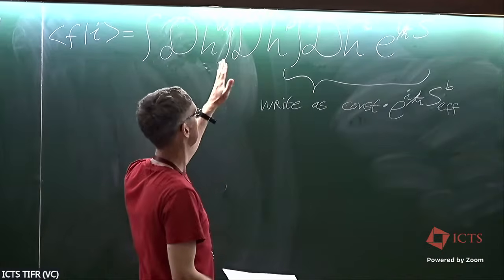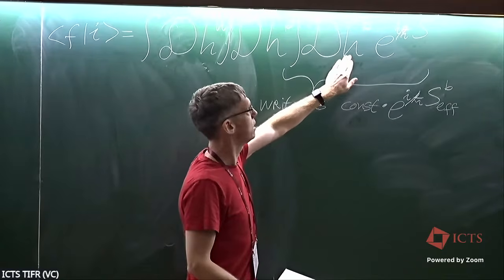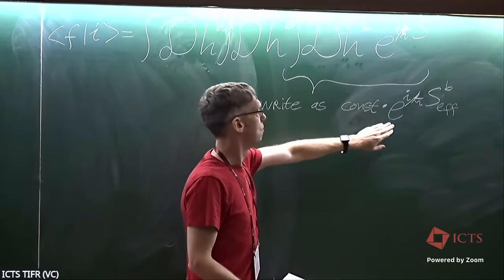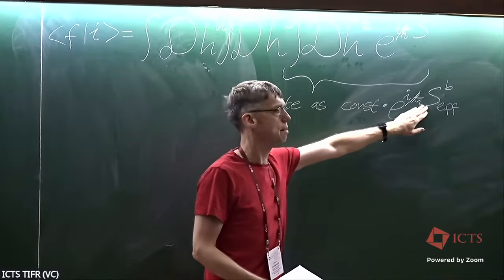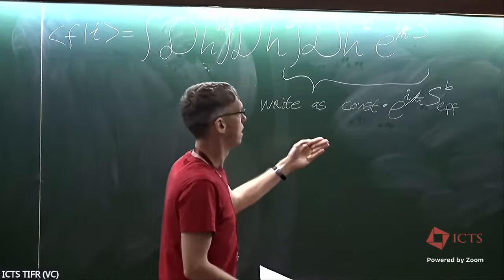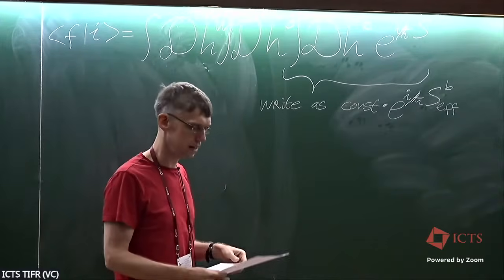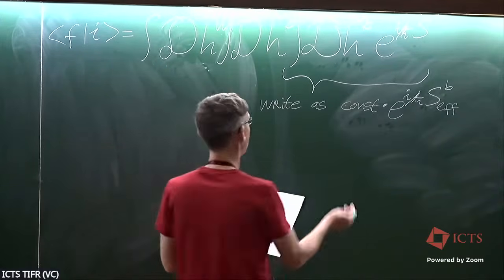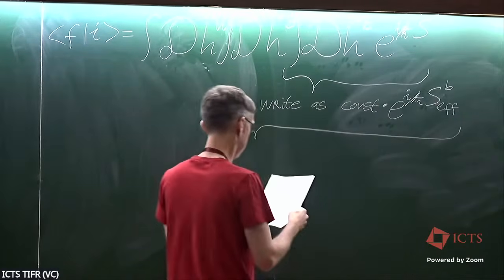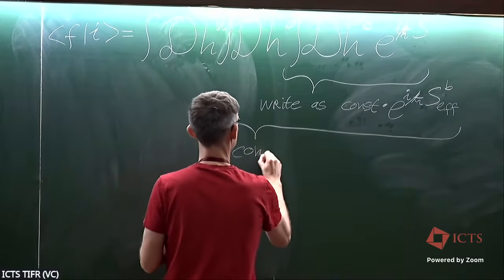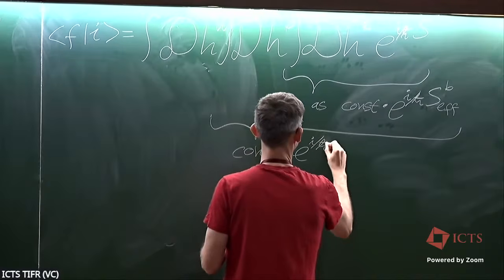And now we will do the same thing with the next scale, right? So we take the path integral, we integrate out the body scale modes, rewrite the result again as an e to the i divided by h bar times some action. And then, so to say, this we can call our effective action, where the body scale is integrated out. And now we do the same with the orbital scale. So again, we write it as some constant times e to the i divided by h bar.